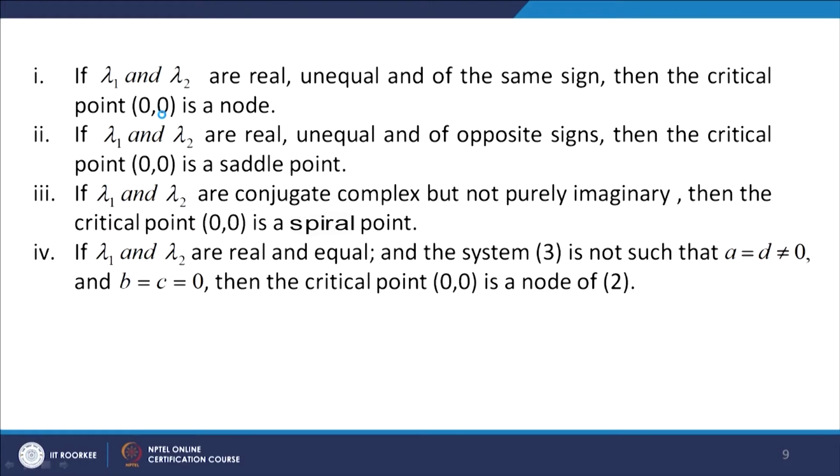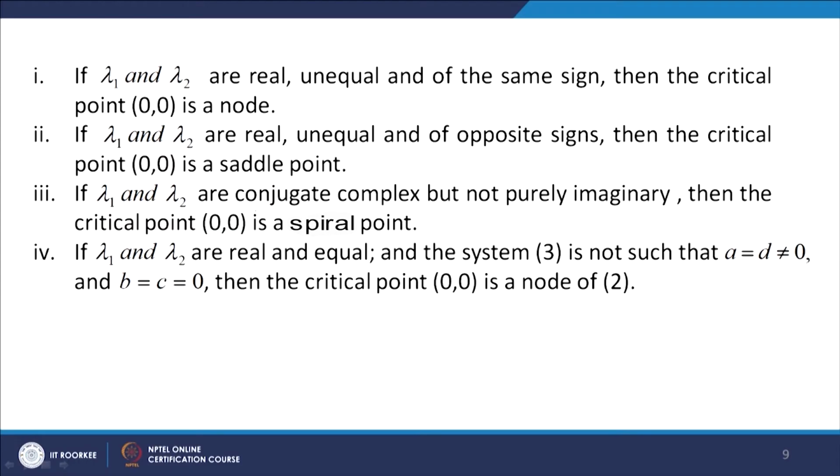If lambda 1 and lambda 2 are real, unequal and of opposite signs, then the critical point (0,0) is a saddle point. Same is the nature as for the linear system, here also in the case of the non-linear system.